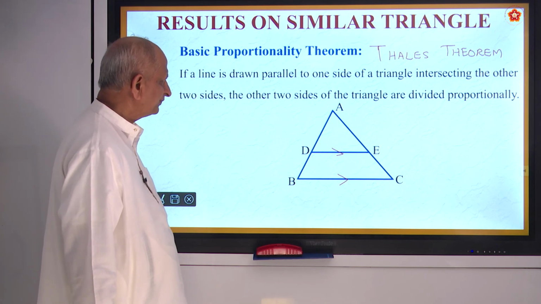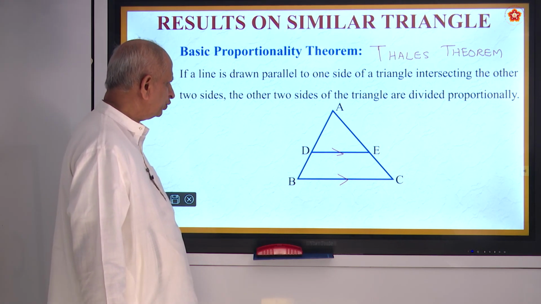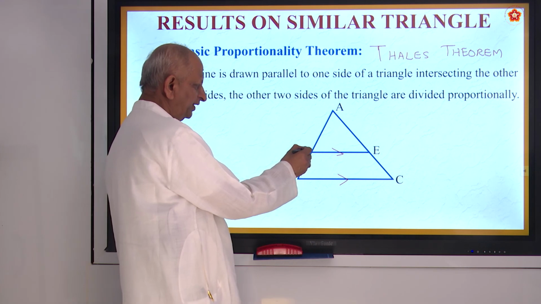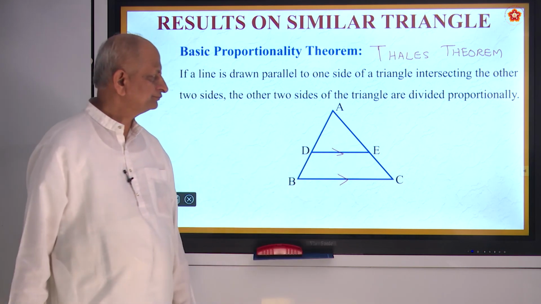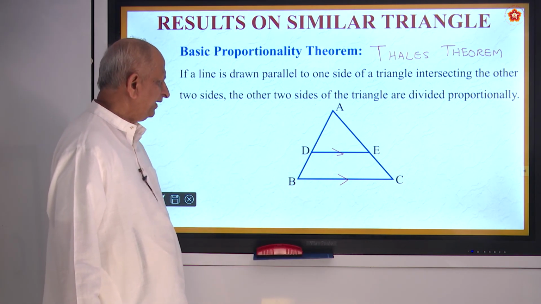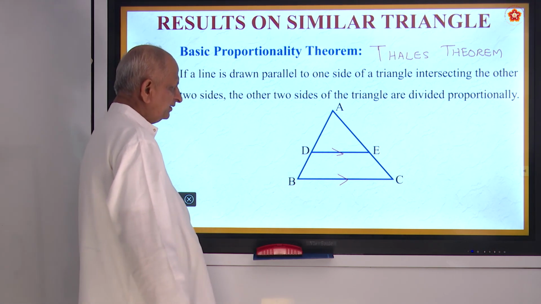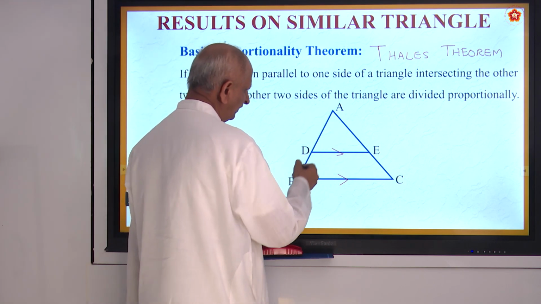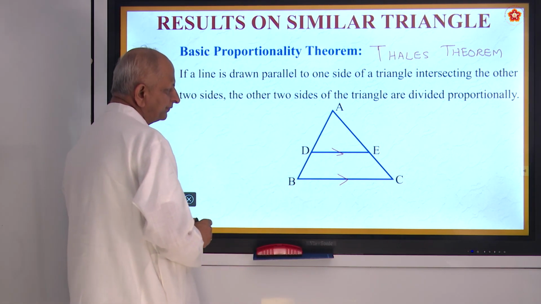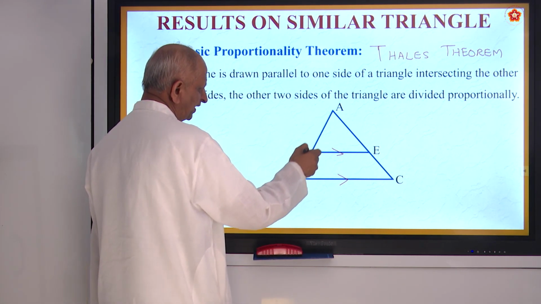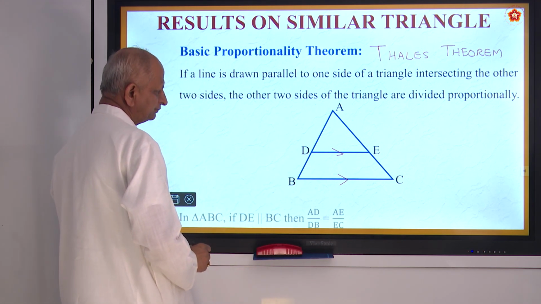What happens? It intersects the other two sides at D and E. They divide the triangle sides proportionally, meaning the ratio of the sides will be equal.